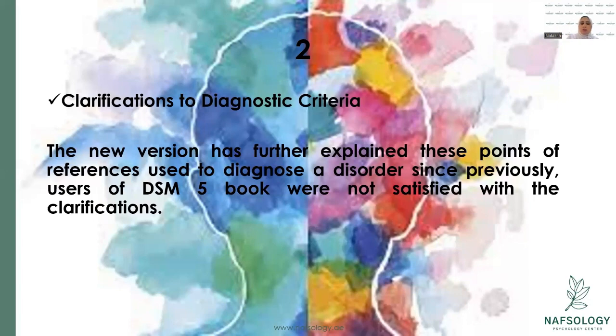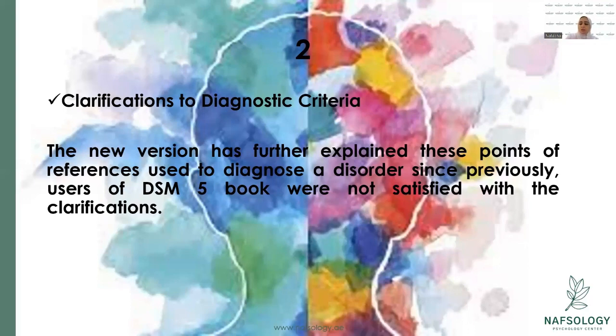So the new version has further explained these points. It has given better explanations and better examples, which weren't available in the previous DSM-5, and a lot of its readers weren't satisfied with the clarifications given previously.